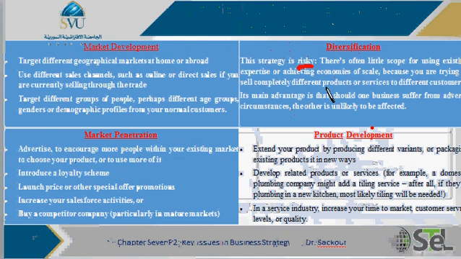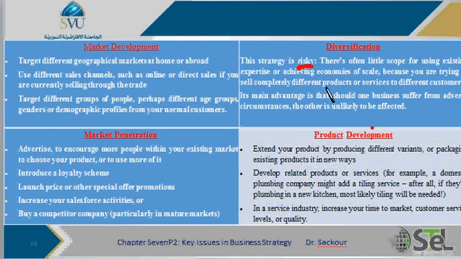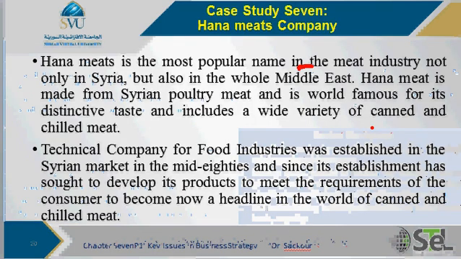So in brief, we have different strategies, methods and techniques to deal with each case of the four quadrants of the Ansoff matrix or product market grid. Finally, let's provide a case study.